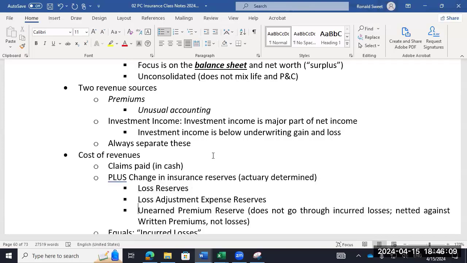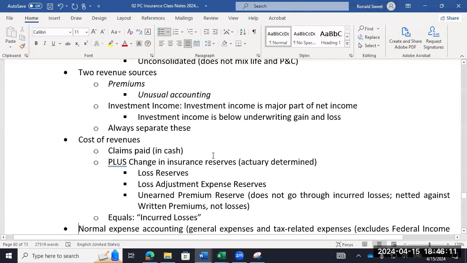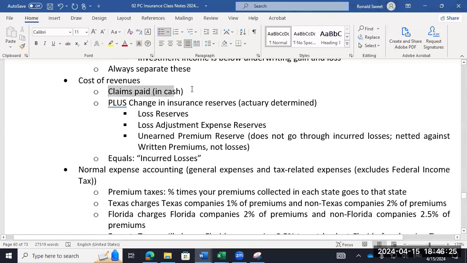All right, then your cost of revenues is a little bit different. You don't see a gross margin for banks and insurance companies. So your cost of revenues is the claims. How do you get claims? Well, you have what you paid in cash plus the change in your reserves.